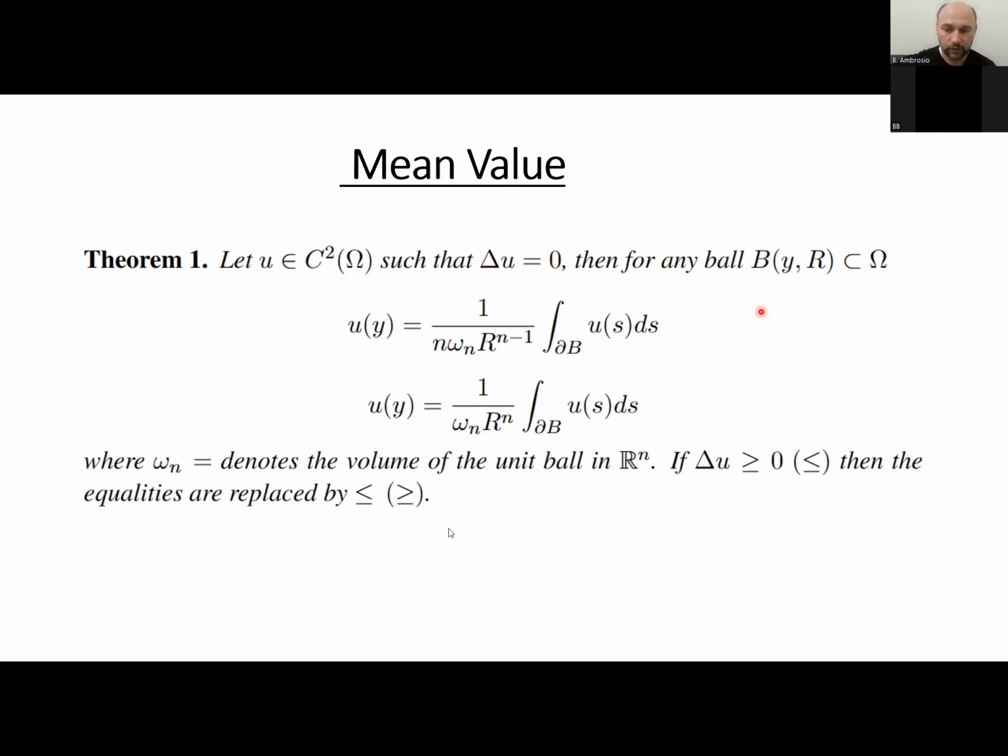So first of all, let y be a point in omega, and such that the ball of radius 4r is included in omega for some positive number r. So you have omega, and you have here a ball centered in y, and here you have 4r.